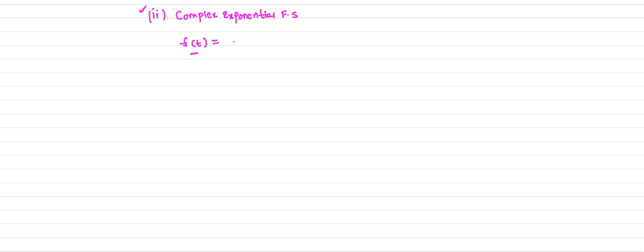Already we know the trigonometric Fourier series expansion, which is a0 plus sigma n equal to 1 to infinity an cos n omega naught t, plus sigma n equal to 1 to infinity bn sin n omega naught t. So this is your trigonometric Fourier series expansion.